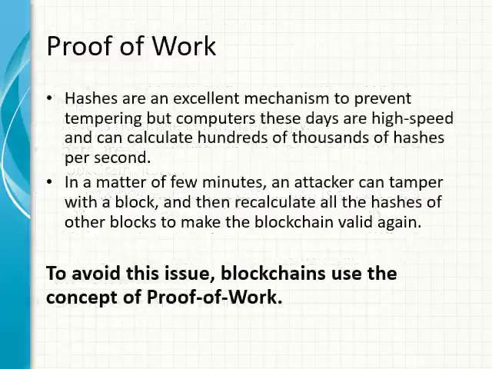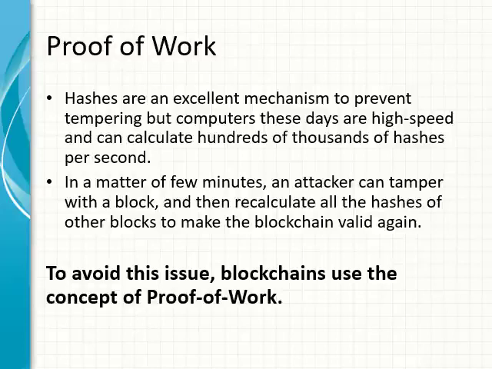In the previous session we also saw that blockchain technology uses one more technique for security apart from hash. Hash is an excellent mechanism to prevent tampering of data, but computers nowadays have become powerful, and in a matter of a few minutes an attacker can tamper with a block and recalculate the hash value, and the blockchain can become valid again.